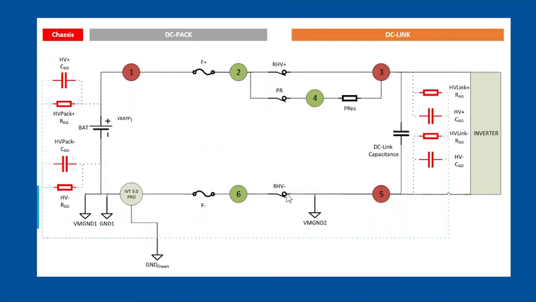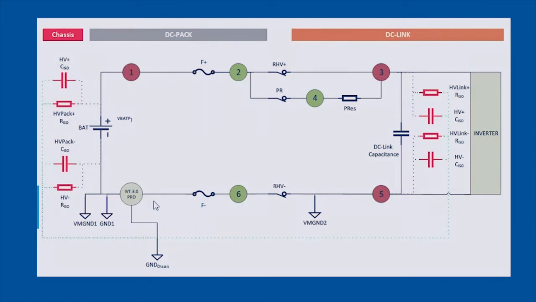Then we have the relay on the negative side, another sensing point, and the fuse on the negative side. In this case, we assume that IVT 3.0 Pro has been installed on the negative leg of the high voltage battery. And then obviously on the right side of the DC link circuitry, you have the inverter and the drivetrain of the vehicle.